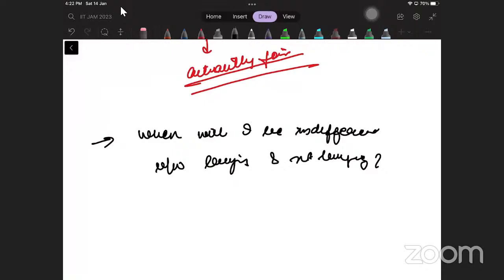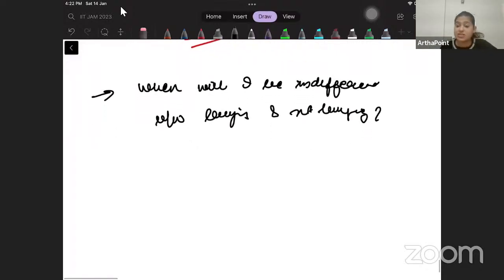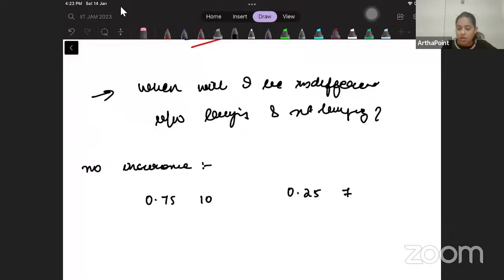I will be indifferent between buying and not buying insurance if my utility remains the same. So when I don't buy insurance, then either I will get 10 or I will get 7. So my expected utility will be this.